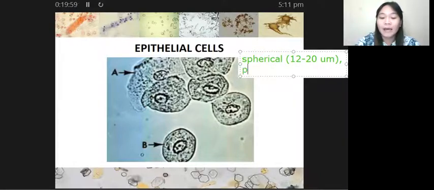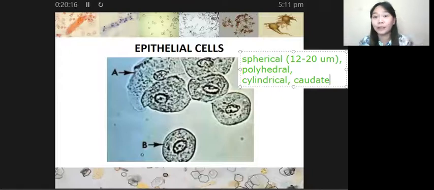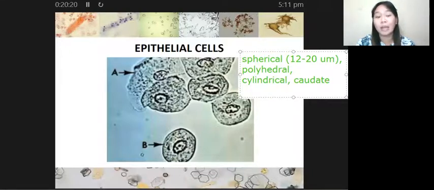So, they may also appear as polyhedral. They may also appear as cylindrical. Or they may also appear as caudate. Yung parang may buntot. Okay, so that's your caudate. Alright, so those are the possible shapes of your transitional epithelial cells.